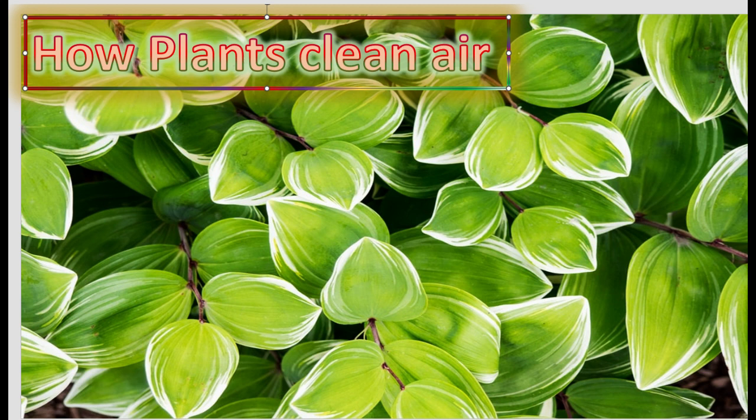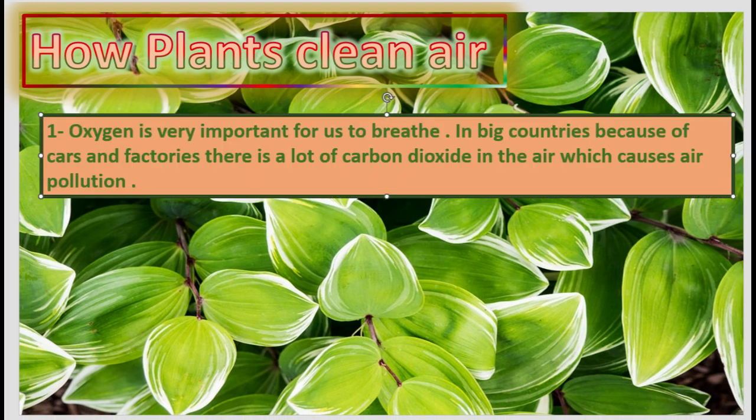Okay? How do plants clean air? That is a really important question here. So the answer will be in 3 steps. Step number 1, oxygen is very important for us to breathe. In big countries, because of cars and factories, there is a lot of carbon dioxide in the air, which causes air pollution.